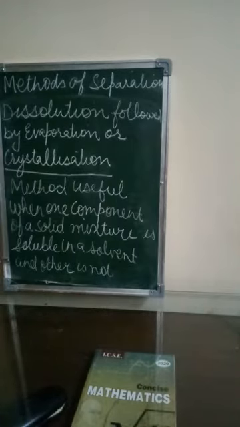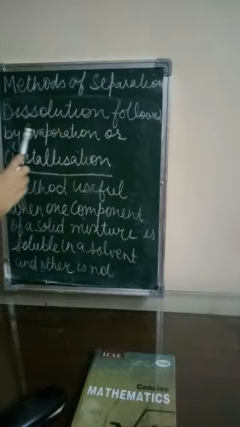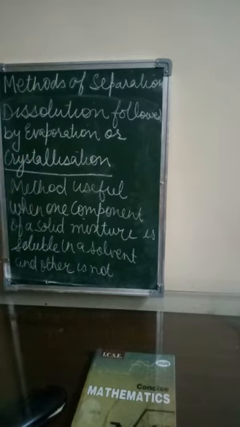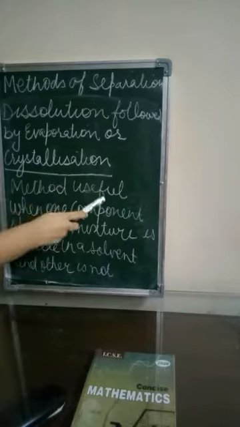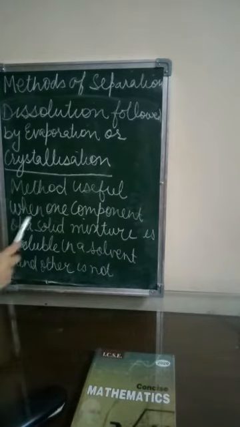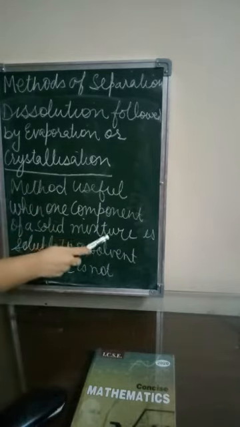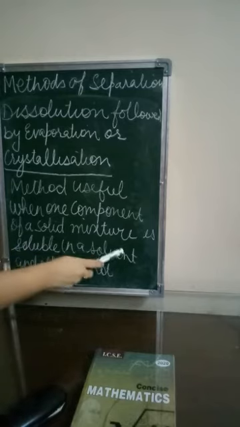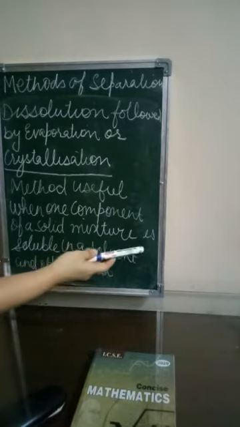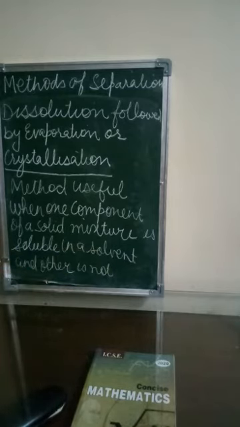Now students, the next method that we will learn is dissolution followed by evaporation or crystallization. Students, this method is useful when one component of a solid mixture is soluble in a solvent. Solvent means you can take water, and the other component is not soluble.